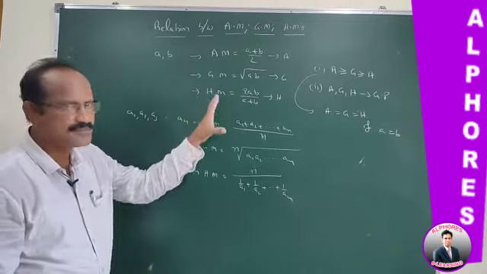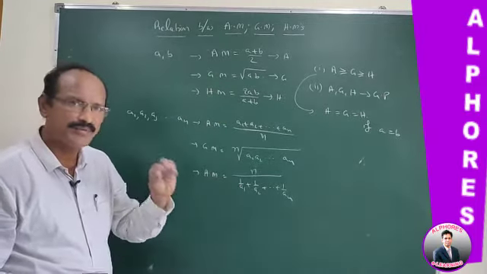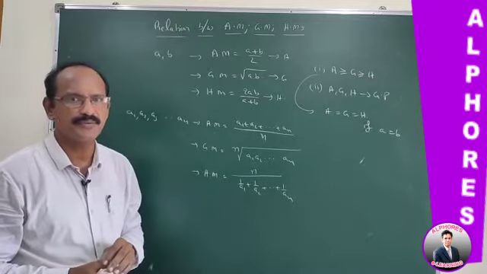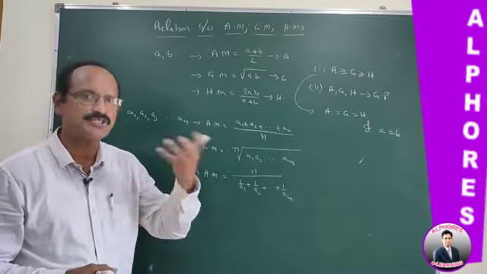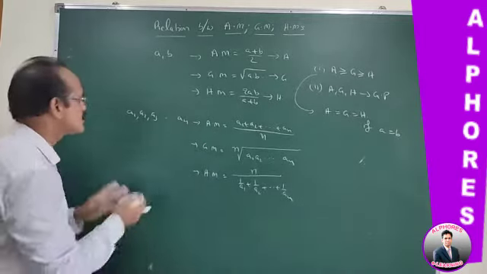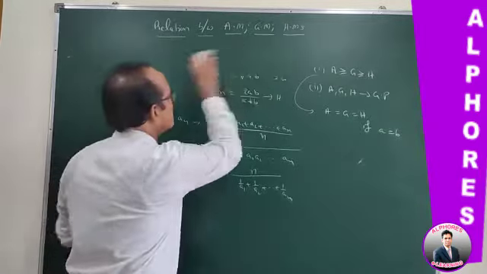So this is AM, GM, HM. Now coming to the next point, that is weighted means: weighted arithmetic mean, weighted geometric mean, weighted harmonic mean.